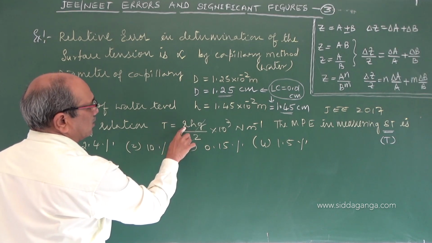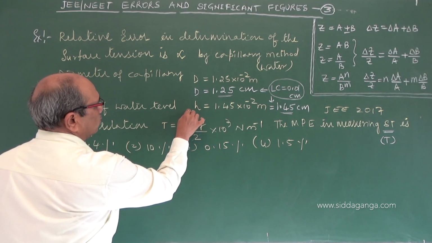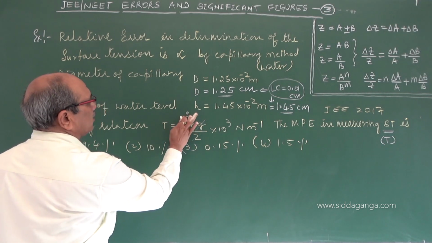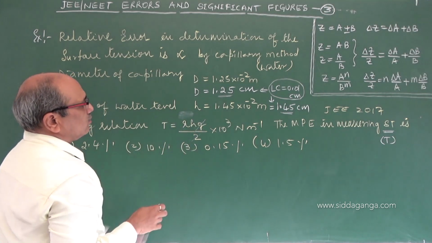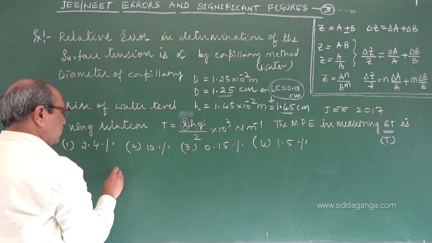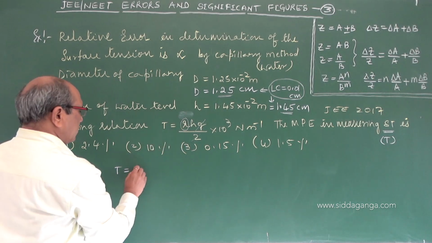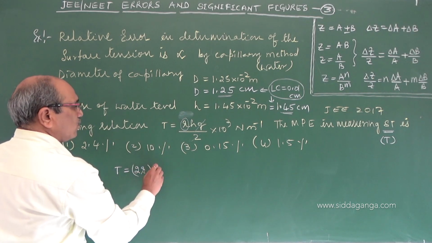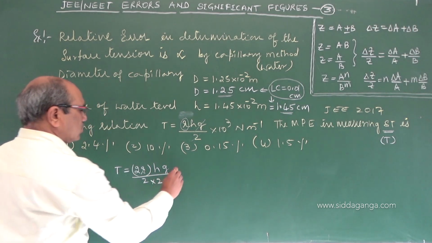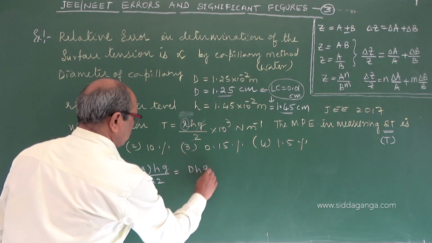If I multiply by 2 and divide by 2, writing d is not a problem. So don't worry about substitution of r or d. Otherwise I write this as 2r into hg by 2 into 2, so this equals dhg by 4.